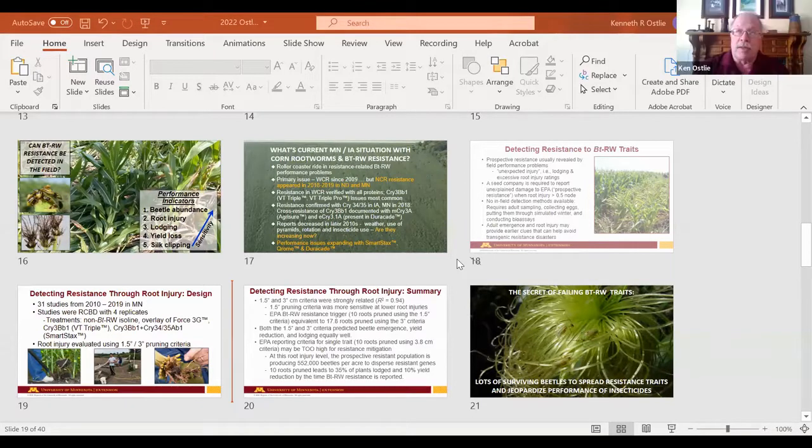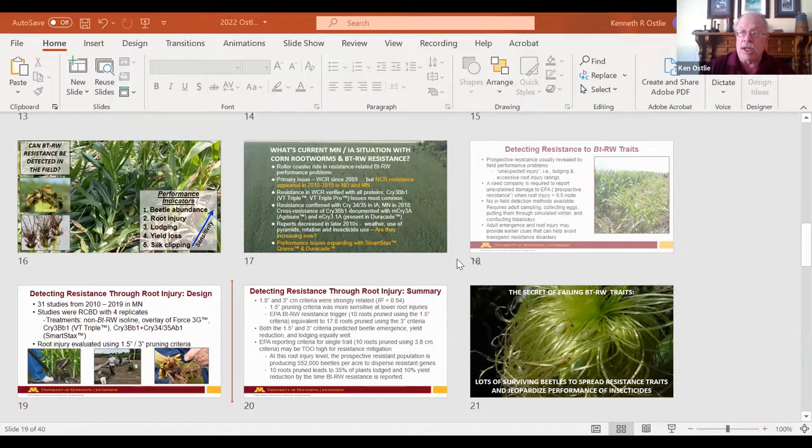Well, the big challenge with corn rootworms is if you haven't been paying attention to the field, you don't really know what you've got in front of you. Are we dealing with very abundant beetles, very low beetles, resistant, susceptible? Those are all questions that determine just how much risk is happening in fields. So on the bottom line, I would start paying more attention to the amount of beetles that are out there.